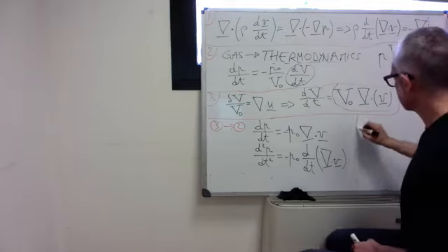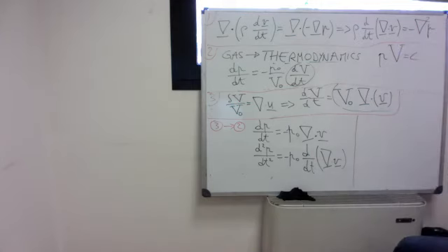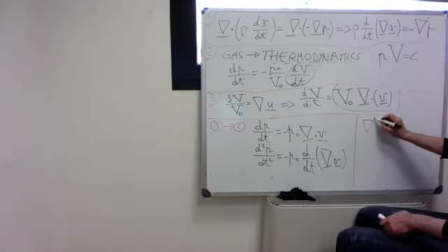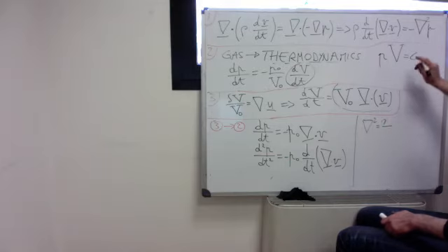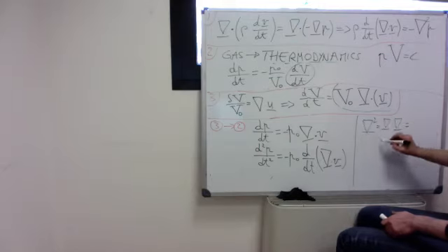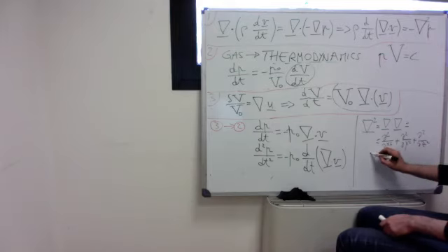Unfortunately, I need to give you a little reminder, but let's do it very quickly. The Laplacian is just the dot product of the nabla by itself, and you can do it as an exercise this afternoon. It is del squared over del x squared plus del squared over del y squared plus del squared over del z squared, and that's called the Laplacian.